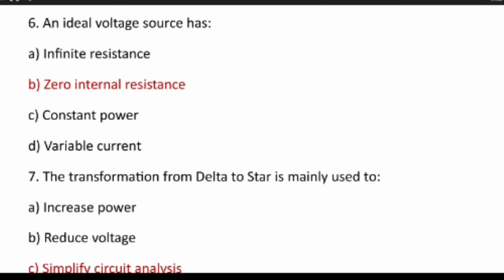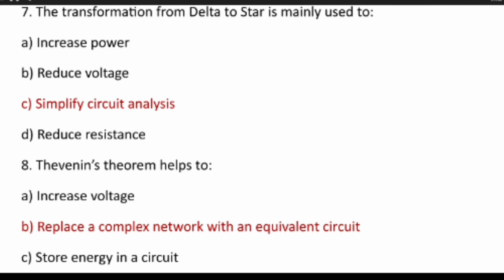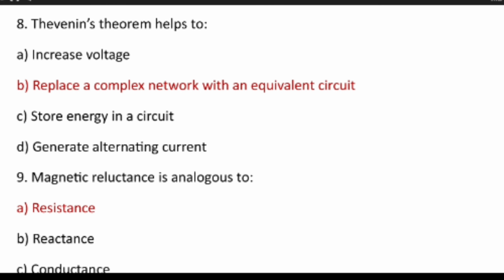Next, an ideal voltage source has, option B, zero internal resistance. A transformation from delta to star is mainly used for, option C, simplifying circuit analysis. The Thevenin theorem helps, option B, replace a complex network with an equivalent circuit.